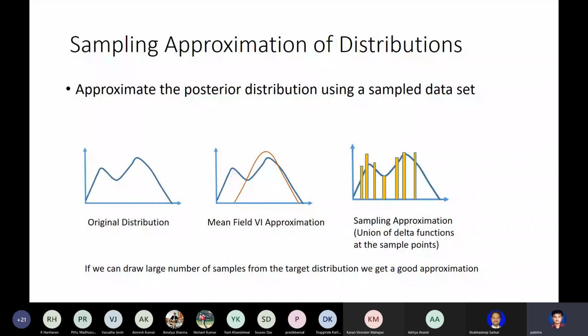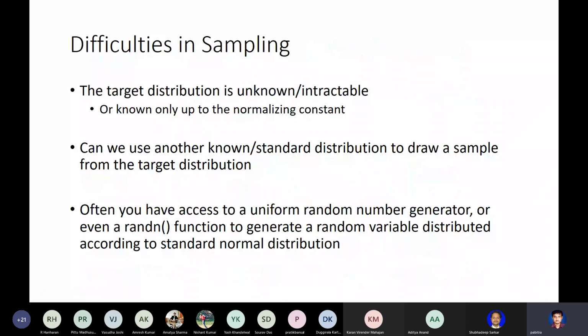Okay, so this is what we have: a target distribution which is intractable or maybe known only up to the normalizing constant. So you only know the p tilde version of that. Can you use another known or standard distribution, use it repeatedly to draw a sample from the target distribution?